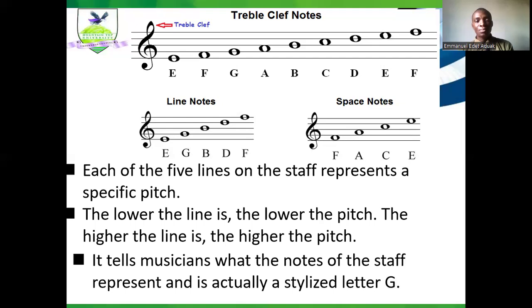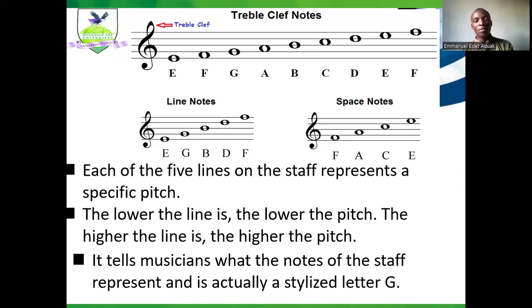Let's look at the lines. We have E, G, B, D, F. So line 1 is E, line 2 G, line 3 B, line 4 D, line 5 F. And the easiest way to remember them, we use an acronym, which is Every Good Boy Deserves Favor.